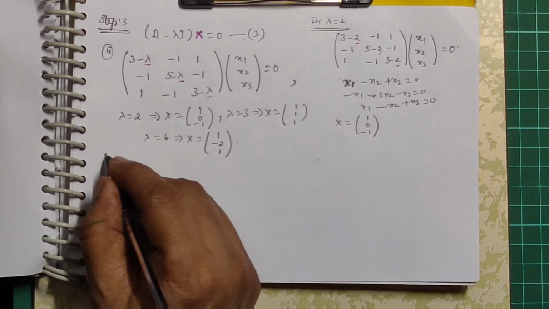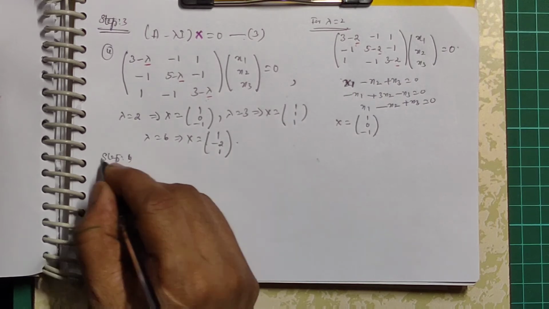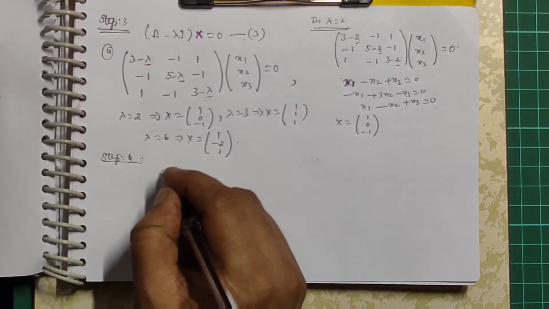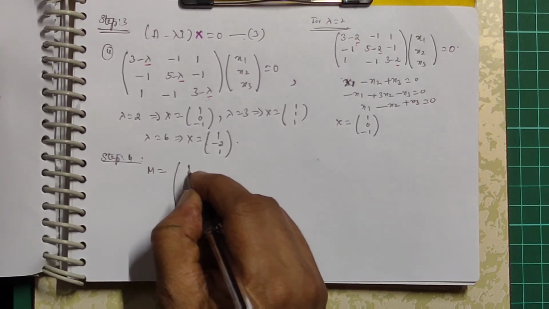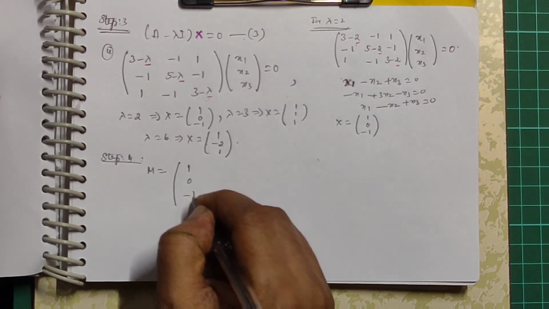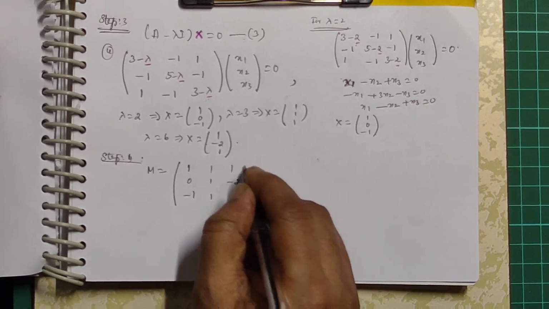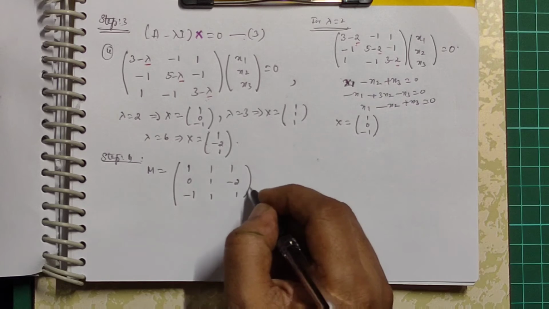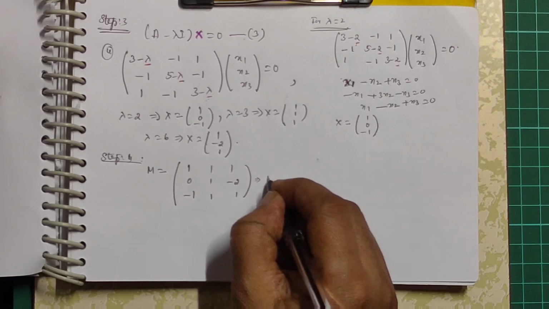Now we'll go to the next step, step 4. In this, we are going to find the modal matrix. The modal matrix is nothing but the eigenvector matrix, which is given by 1, 0, minus 1, 1, 1, 1, 1, minus 2, 1. From this, we have to construct the normalized modal matrix.